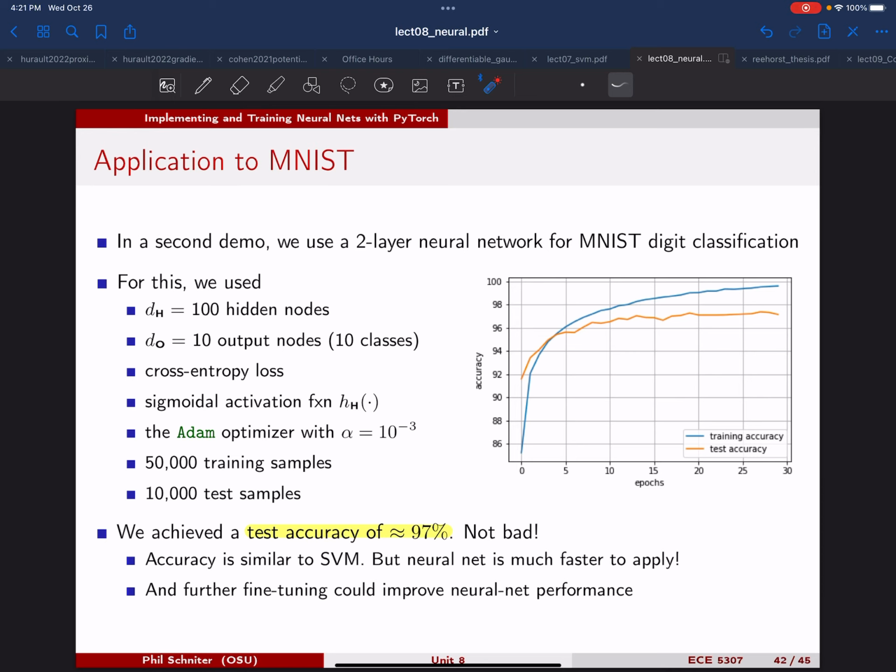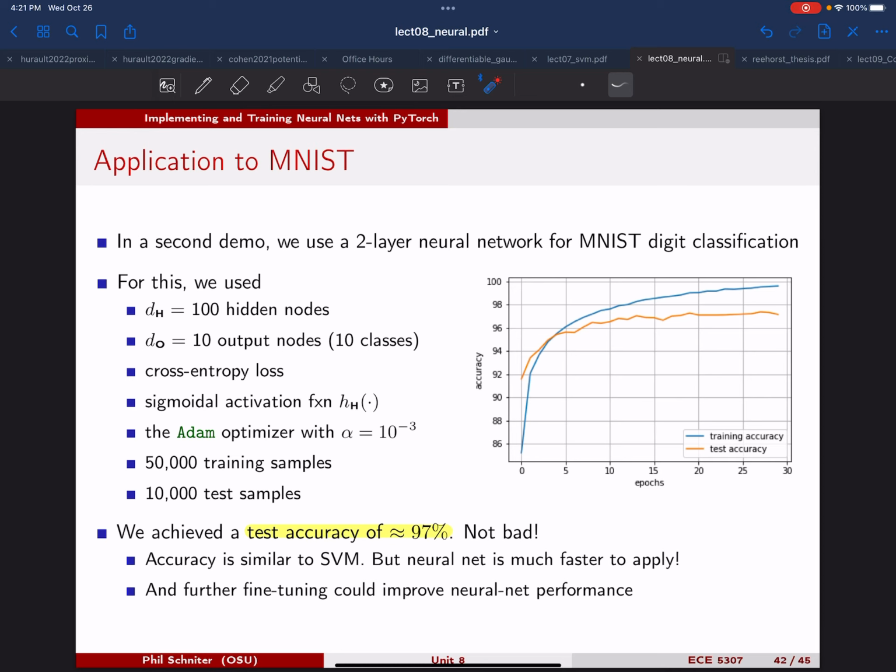But one thing to note is that with the neural network, it takes a while to train it, but once it's trained, it's very fast. Because once it's trained, all you have to do is push the data through it, which basically involves 2 matrix multiplies and a few simple nonlinearities.